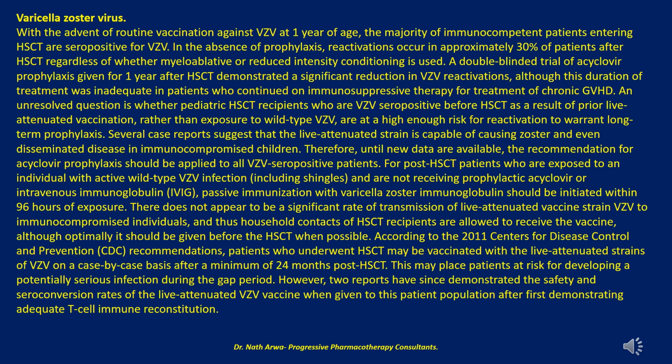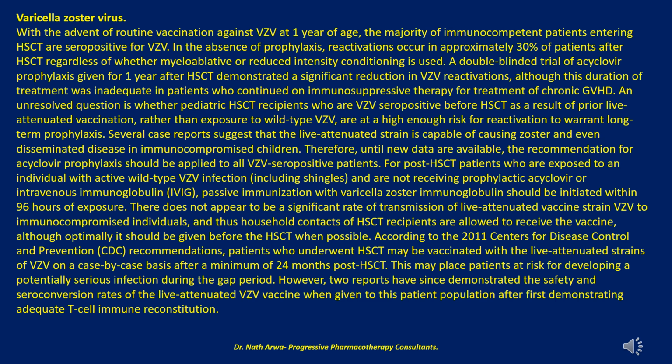There does not appear to be a significant rate of transmission of live attenuated vaccine strain varicella zoster virus to immunocompromised individuals, and thus household contacts of hematopoietic stem cell transplant recipients are allowed to receive the vaccine, although optimally it should be given before the hematopoietic stem cell transplant when possible.